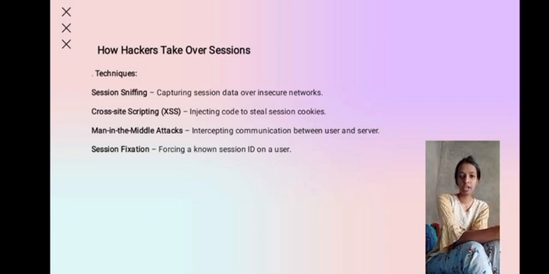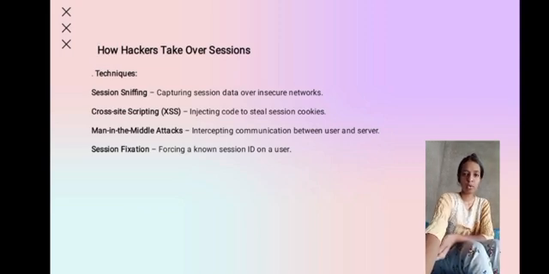I can explain four techniques: session sniffing, session fixation, man in the middle attack, and cross-site scripting. The first one is session sniffing. Session sniffing means capturing the session data over insecure networks.